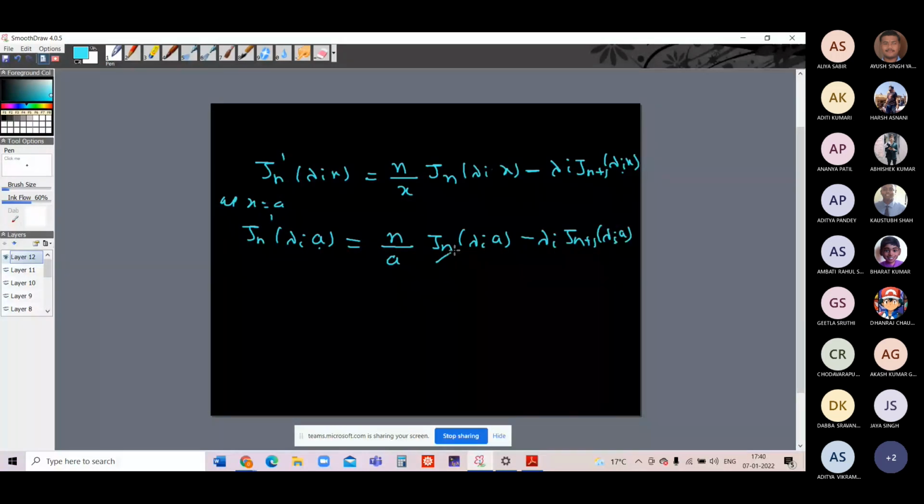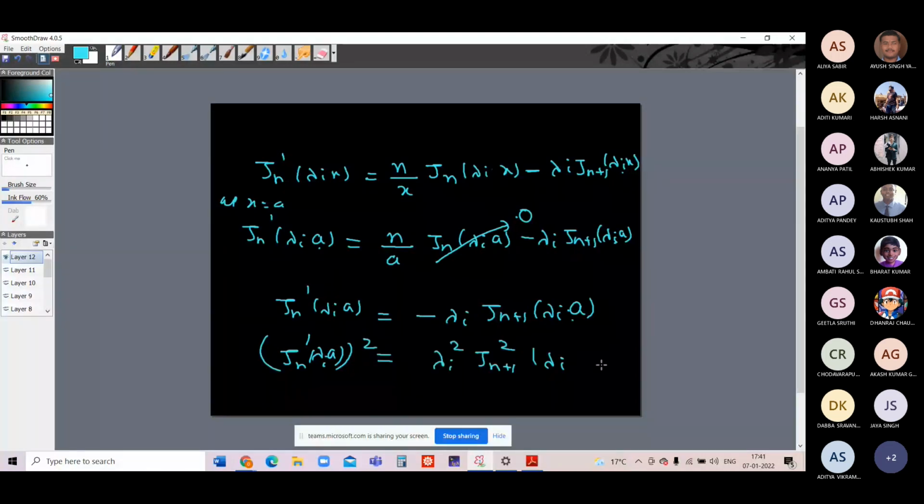So Jn dash lambda i a is equal to minus lambda i Jn plus 1 lambda i a. Now we have to find its square, Jn dash lambda i a whole square. This will give lambda i square Jn plus 1 square lambda i a.